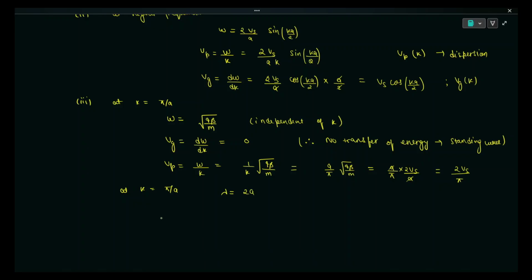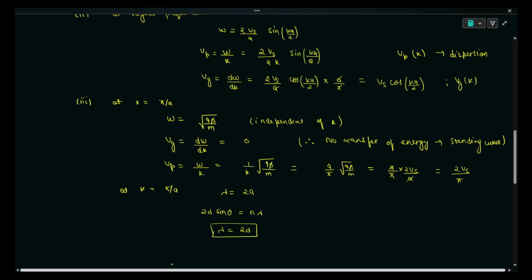And if you notice from the Bragg's reflection condition, that is 2d sine theta is equal to n lambda, for normal incidence and n equal to 2, then also you will get lambda is equal to 2d. So this is a very similar condition for Bragg's reflection also. This means that the above condition is equivalent to the condition for Bragg's reflection.